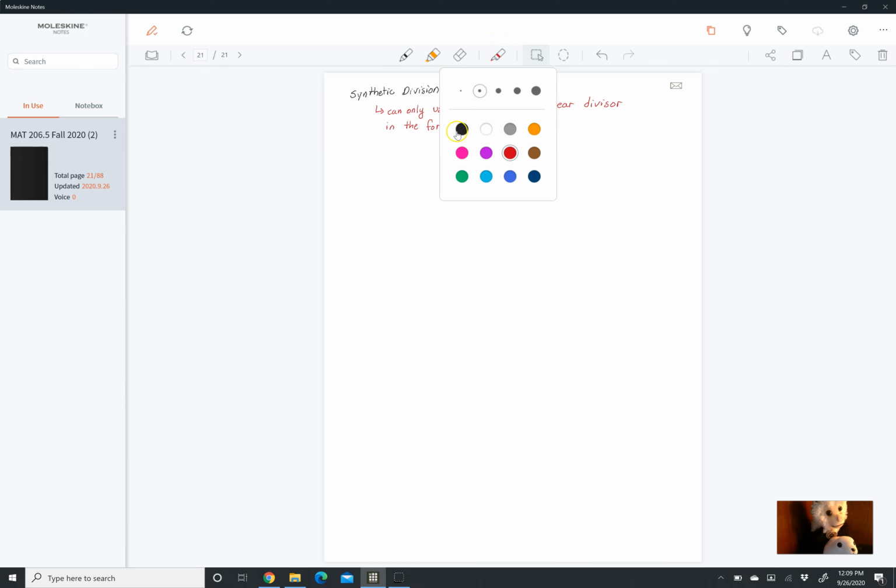Okay, so the first example that we had was x cubed minus 3x squared minus 10x plus 24. And we can use synthetic division here because we were dividing by x minus 2. Okay. So let's take a look at what we did with long division.